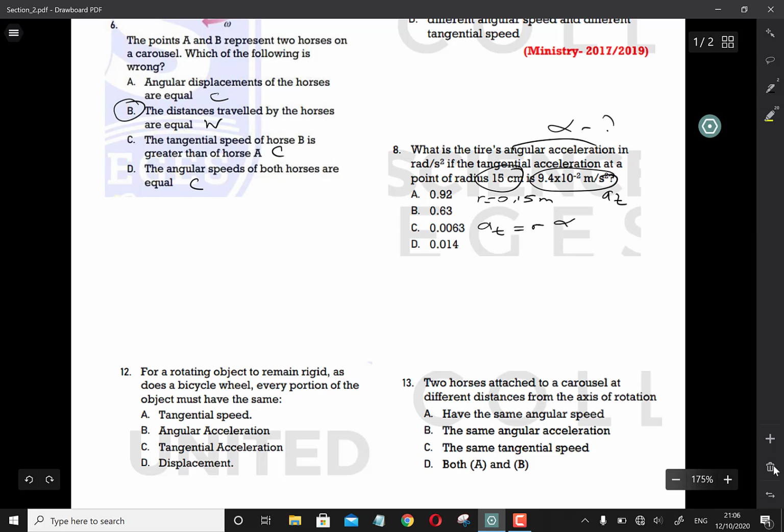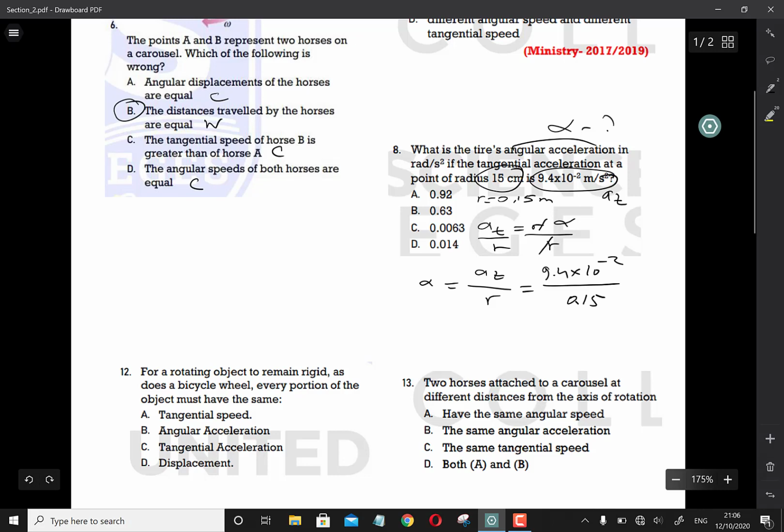We will calculate alpha. Simplify by dividing by r. Alpha is equal to a_t divided by r. Tangential acceleration is 9.4 times 10 to the power of negative 2, divided by r equal to 0.15.